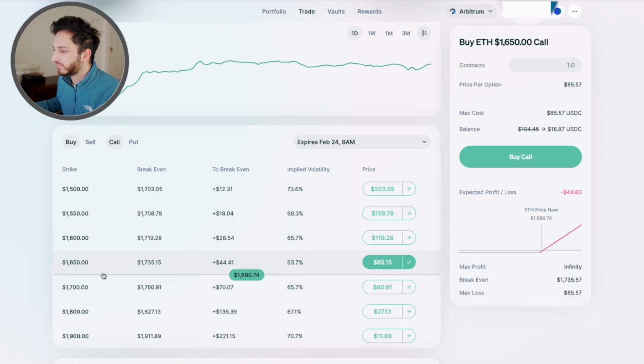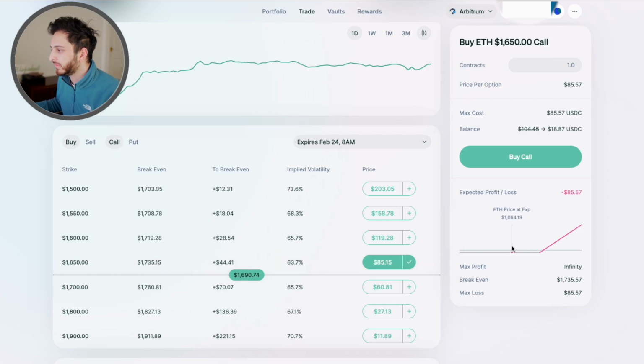So 1650 strike price, with an implied volatility of 63%, which means if we want to break even, we need Ethereum to hit 1735, and essentially our maximum profit is unlimited. The break-even price is 1735, and anything below that, then we're in trouble.